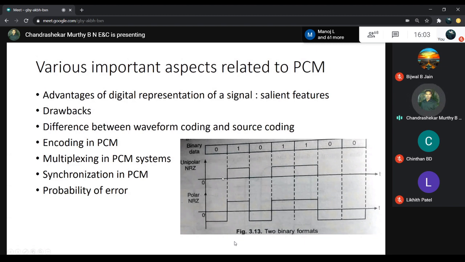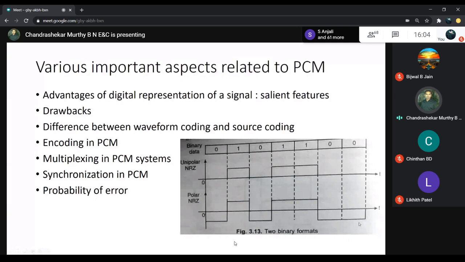Unipolar has only one level: whenever it is zero, it lies at zero, and whenever it is one, it has a positive level. Polar, or bipolar, non-return to zero, does not lie at the reference level, so it has a negative level and a positive level: whenever it is zero it is at the negative level, and whenever it is one it is at the positive level.